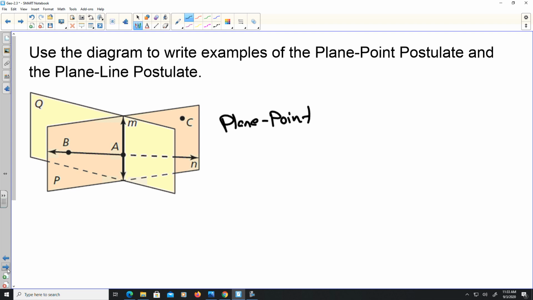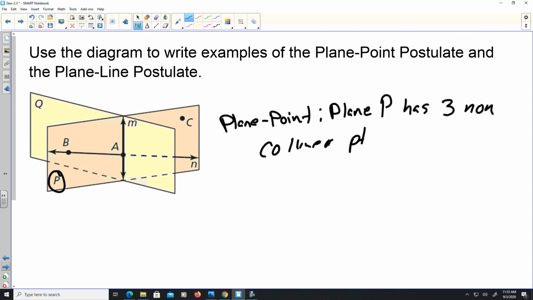To write something about this, I'm going to look at plane P. I can say that plane P has three non-collinear points, and it looks like they're going to be A, B, and C.